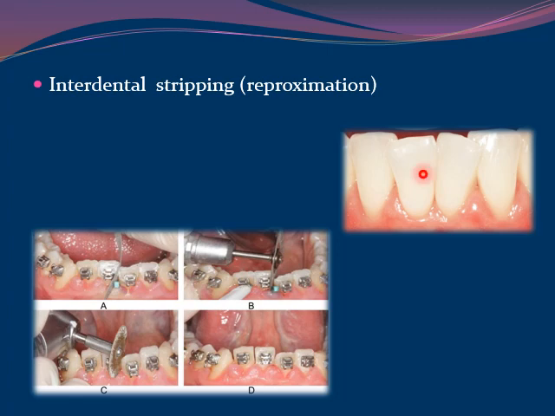Usually we remove about 0.5 millimeter of enamel from each tooth, 1/4 millimeter on each side. For stripping, we either use an abrasive strip, which can be one-sided or double-sided. One-sided removes enamel from only one side, double-sided removes enamel from both sides. Or we use a stripping disc, which is a bit high speed, to remove the enamel, also either one-sided or double-sided.